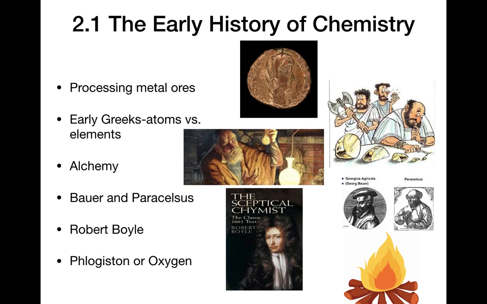One of the mistaken ideas was that combustion was the release of phlogiston, and that substances released phlogiston when they burned. So something like coal or wood had a lot of phlogiston in it, and that's why it could burn.